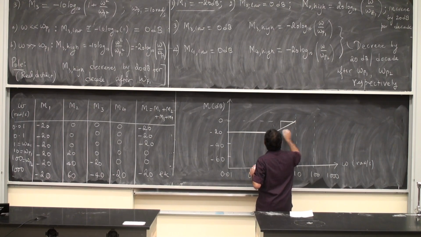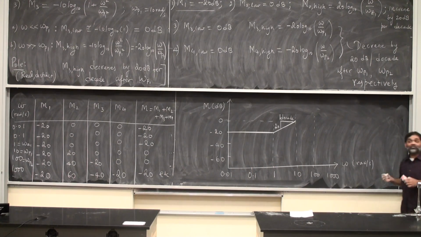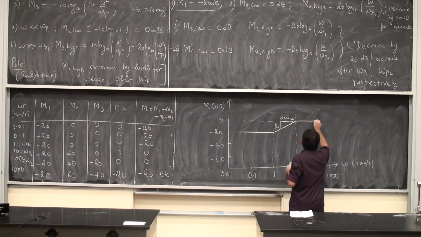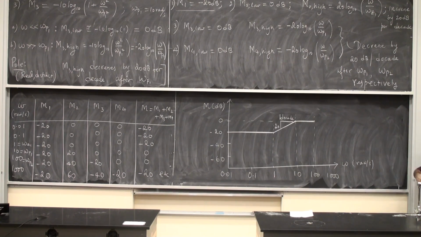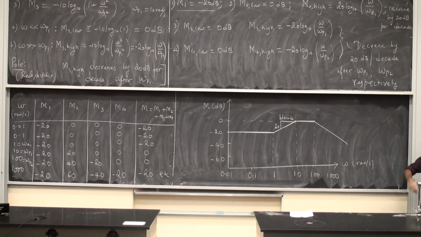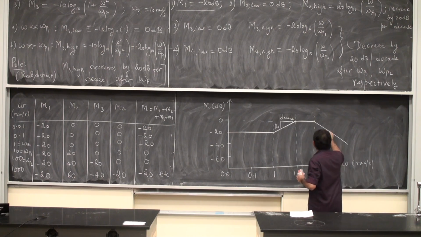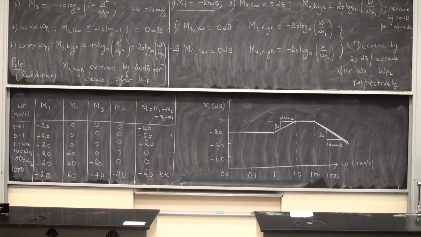This is 20 decibels, 1 decade, and then from 10 to 100, I'm sitting on 0, so it's just a flat line. And then if you continue, you will find that this is going to decrease at a rate of 20 decibels per decade. And so this total line is your total M.